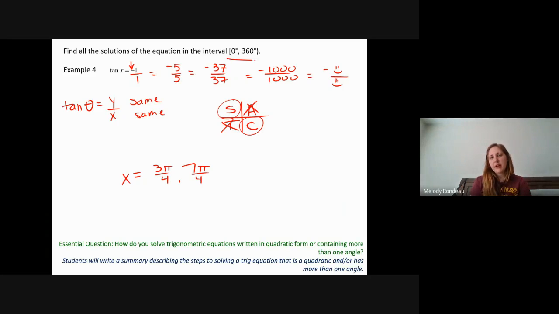But again, we want our answer in degrees. So quickly, in my head, I would do pi over 4 is a 45-degree angle, and I have 3 of them. So I believe that is 135 degrees. Correct. And then pi over 4, again, is a 45-degree angle. I have 7 of them. That one, I believe, is 315.